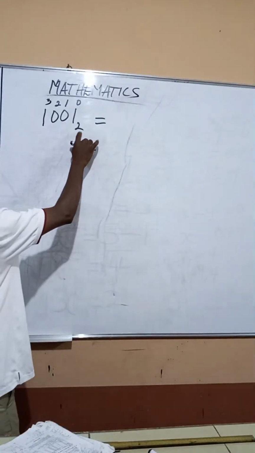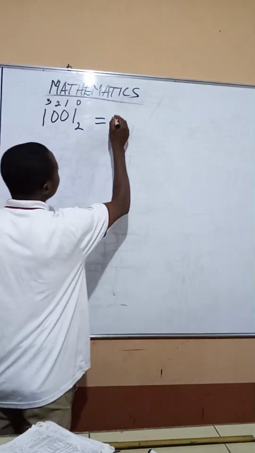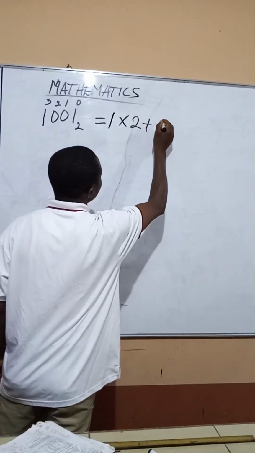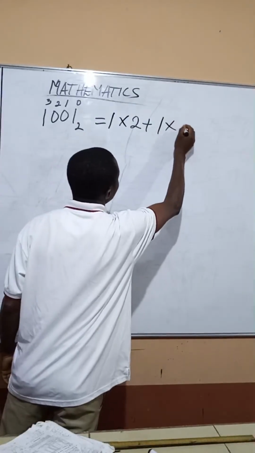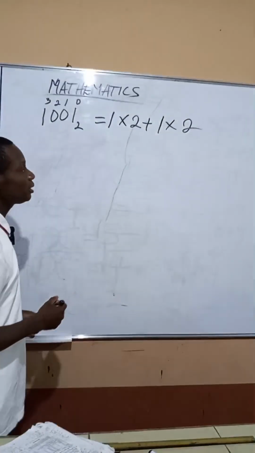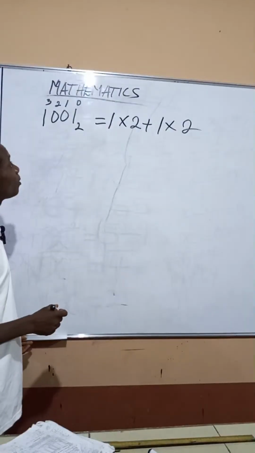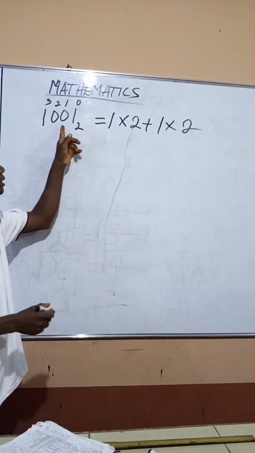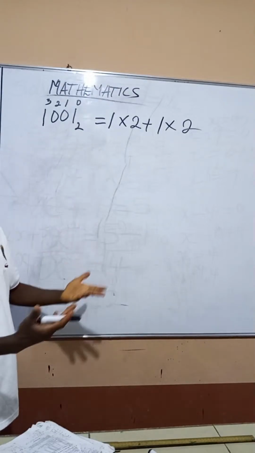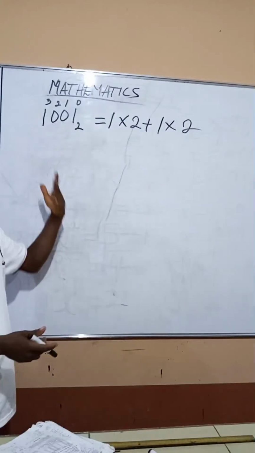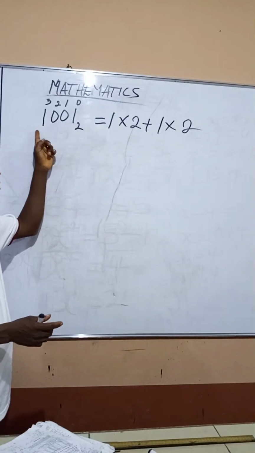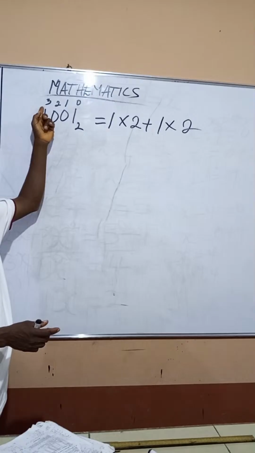So this is 1 times 2 plus another 1 times 2. No matter how many zeros there are, it is not important. Just focus on this one and this one. This is 0 and this is 3.